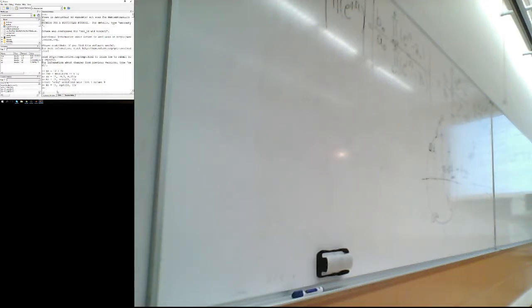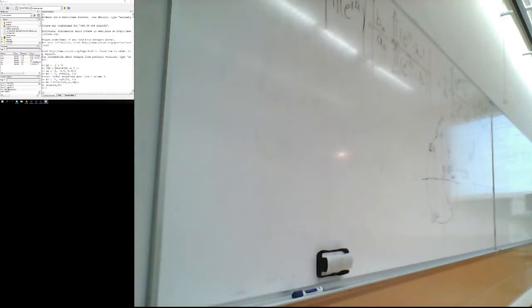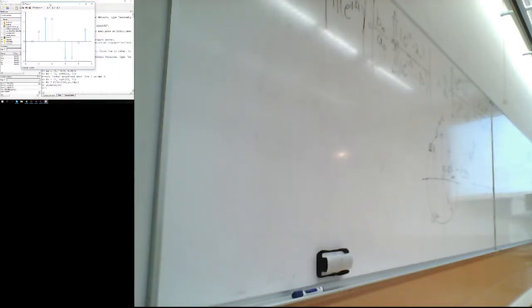All right. So the impulse response BB AA imp. Okay. So stem plot the NN and HH. It looks like that now.